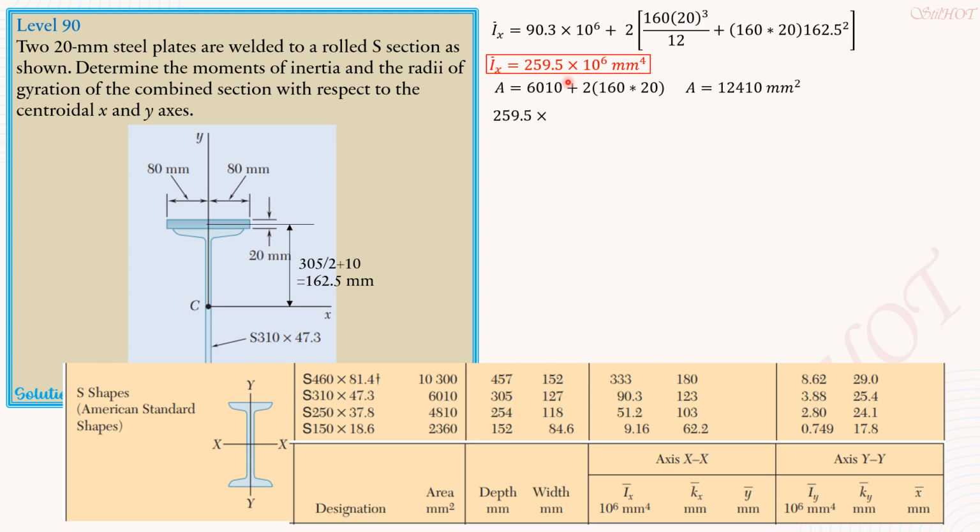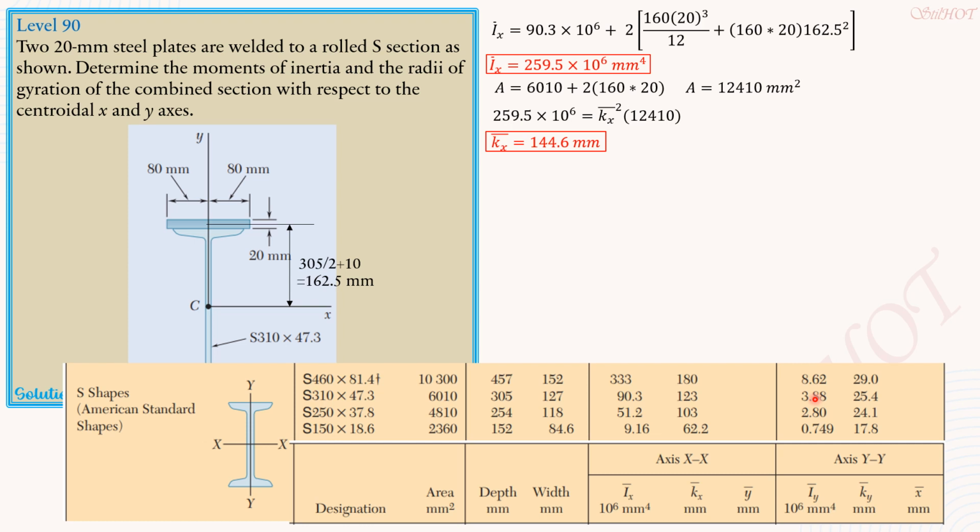So 259.5 times 10 to the 6 equals k barred x quantity squared times area 12,410. So from there, we can compute k barred x, or radius of gyration with respect to the centroidal x-axis, of 144.6 mm.